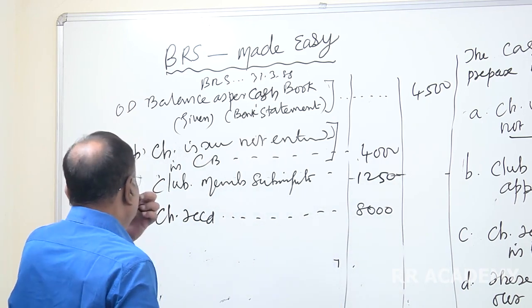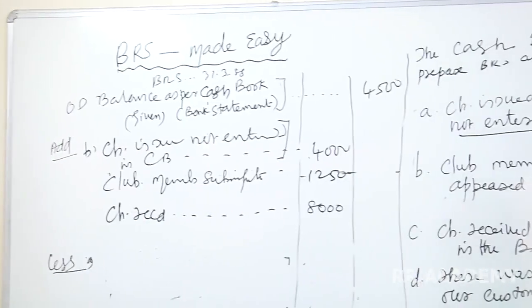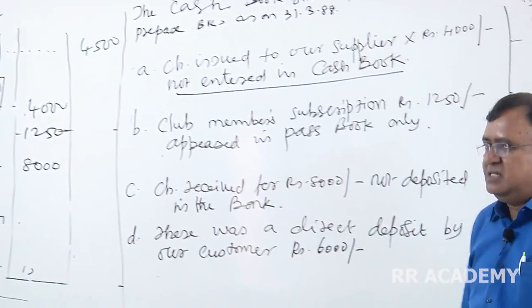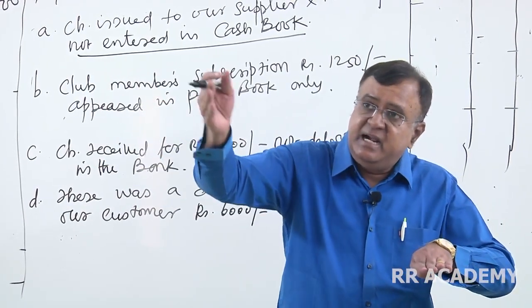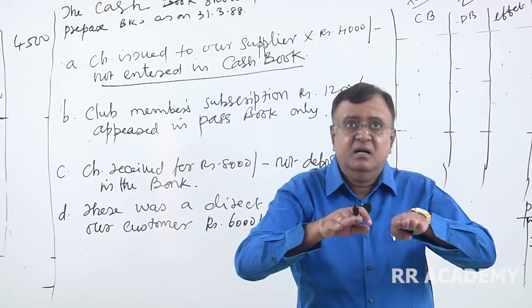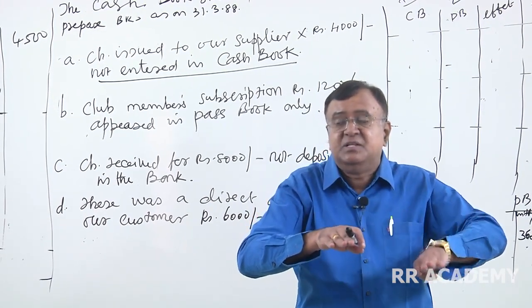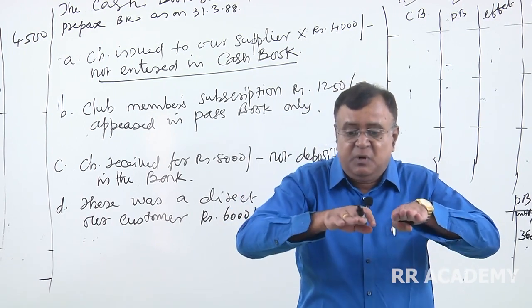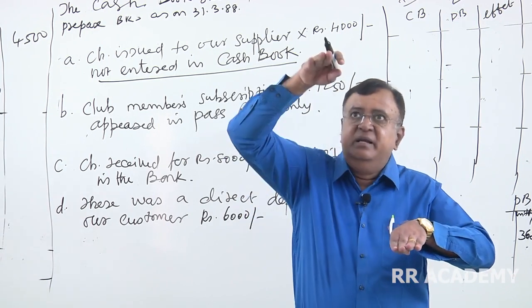Now, last one, there was a direct deposit by our customer. Cash book, passbook. The customer deposited directly in our bank. That means it has come in the passbook, credit side, direct deposit. Which book will it appear in first? Passbook. What happened? Increased.